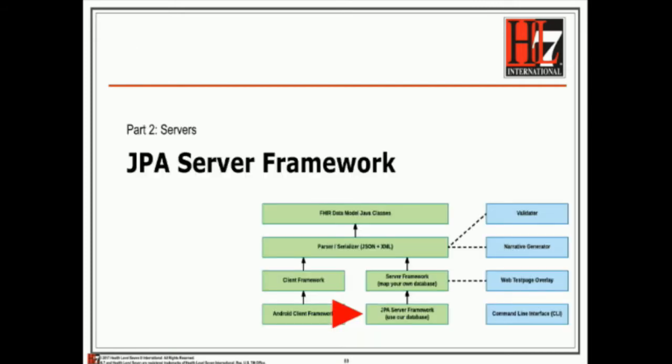The final thing I'm going to do with my remaining 5 minutes is talk about the JPA framework, which is the last little bit. Everything I've shown you so far involves you having your own sources of data, your own database that stores your resources. If you're starting fresh, if you want to stand up a FHIR server and you don't have an existing database, the easiest way to go about that is to use our JPA server framework.